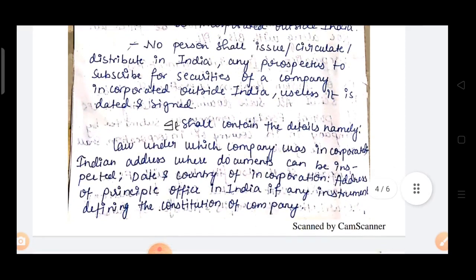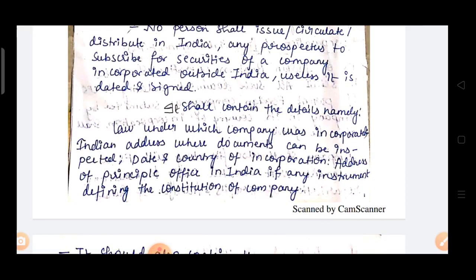It shall contain the details, namely, what are the details that should be contained in the prospectus? Law under which the company was incorporated, Indian address where documents can be inspected, date and country of incorporation, address of principal office in India if any, and the instrument defining the constitution of the company.